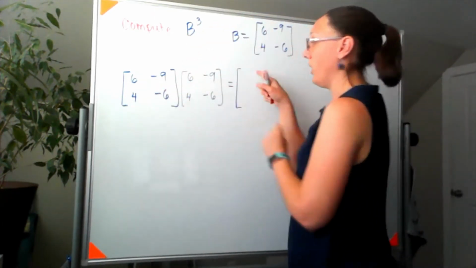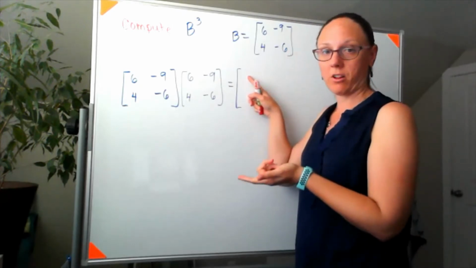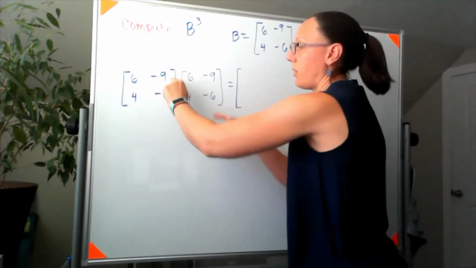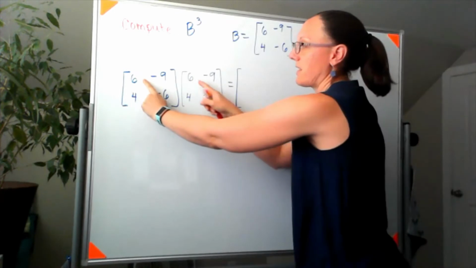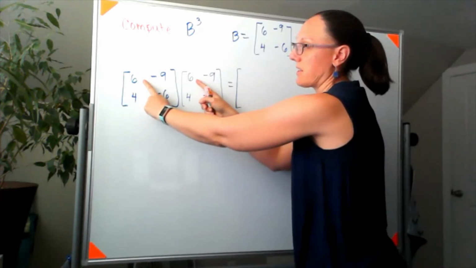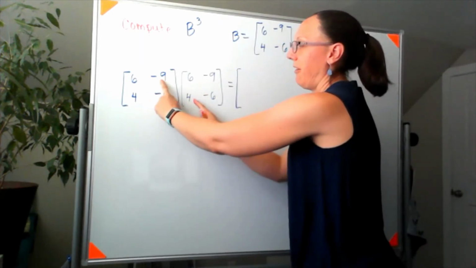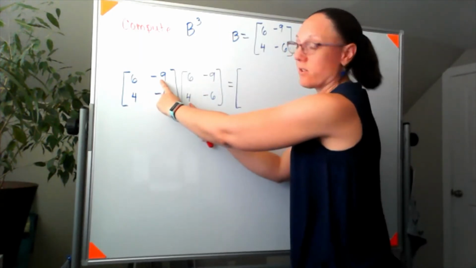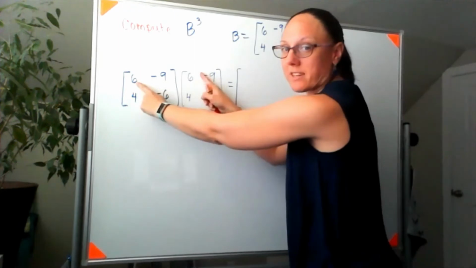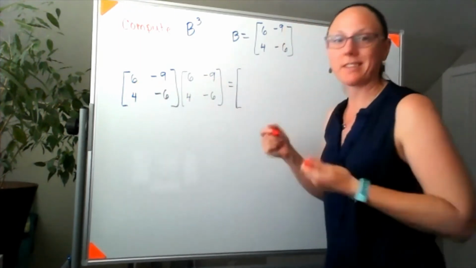To get the entry in row 1, column 1, I'm going to do row 1 times column 1. So 6 times 6 is 36. 4 times 9 is also 36. So I've got a positive 36 plus a negative 36, and I get 0.